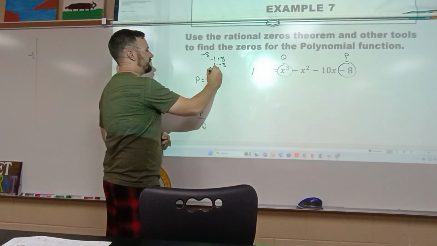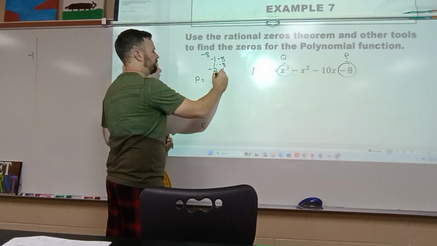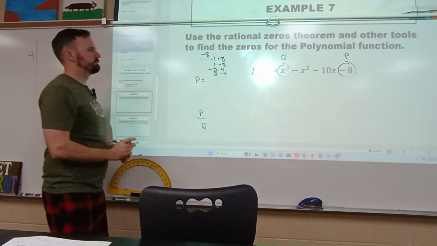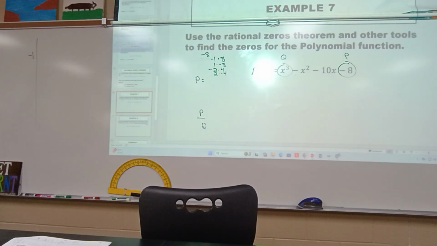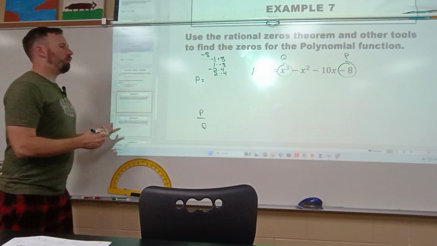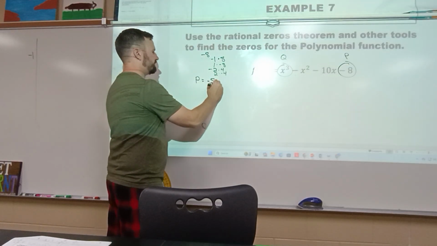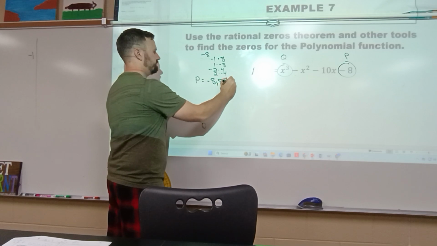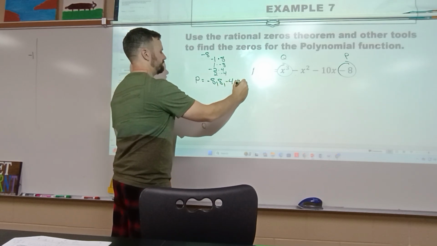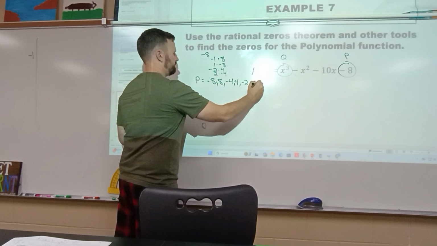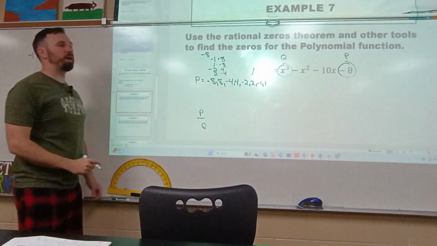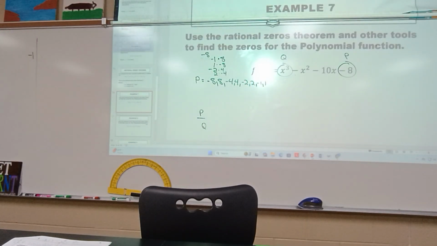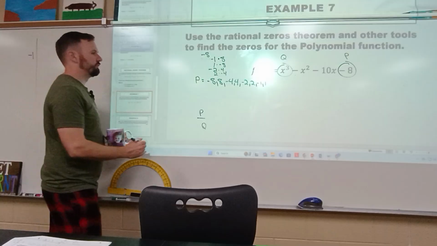What about -2 and 4 and 2 and -4? You agree on that? So those are all my possible factors of my last term. If I break it down, those are everything it's going to be.